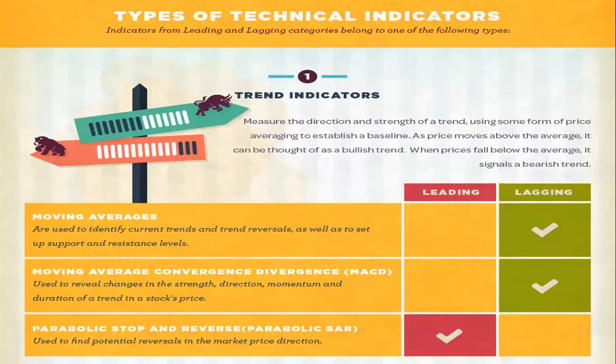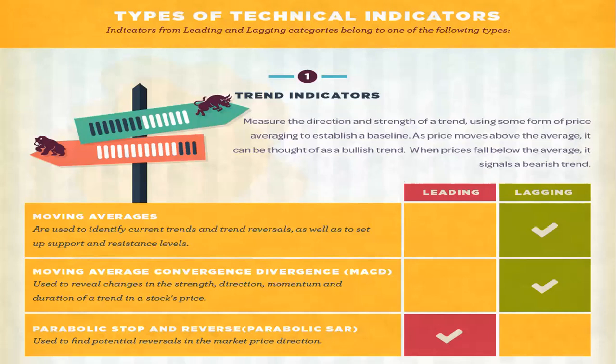So, types of technical indicators. Previously, we were talking about the categories of technical indicators, and we said we have lagging and leading. With leading, they give signals before a trend is about to start, and with lagging, they give signals after a trend has started already. So, types of indicators.